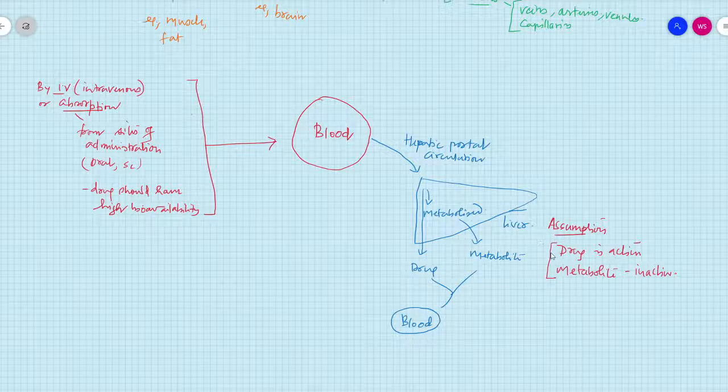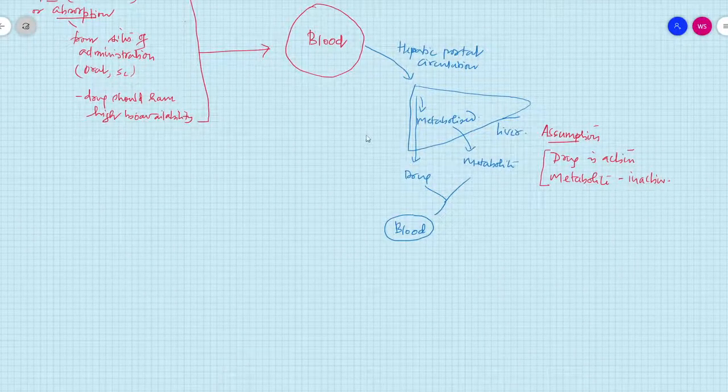This is just an assumption, because for many drugs the metabolite is also active, and in some cases only the metabolite is active. We will discuss those aspects when we talk about metabolism. But for now let's assume that the drug is active and the metabolite is inactive.